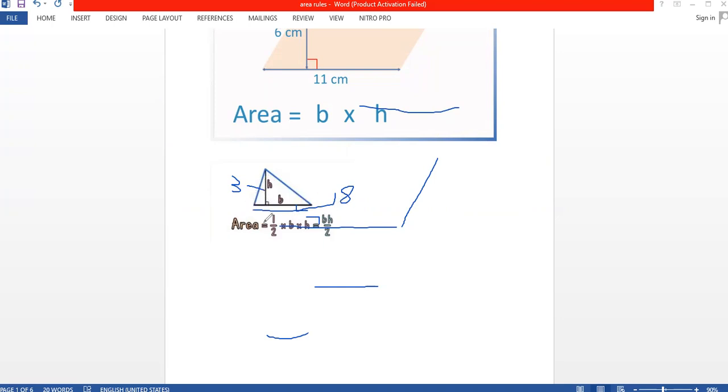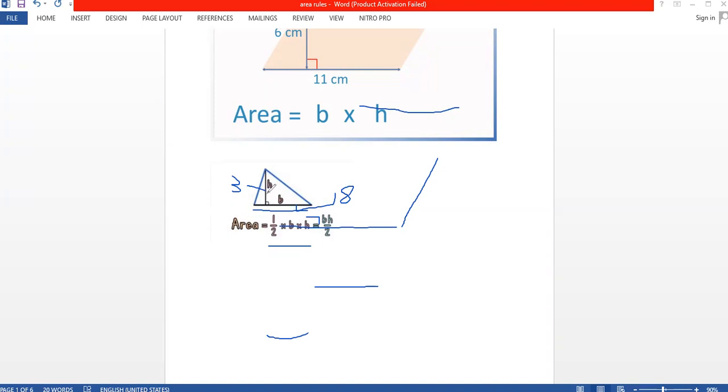The area equals half the base multiply height. So the base is 8, the height is 3, equals 24. 24 divide 2 equals 12. So the area of the triangle will be 12 square units.